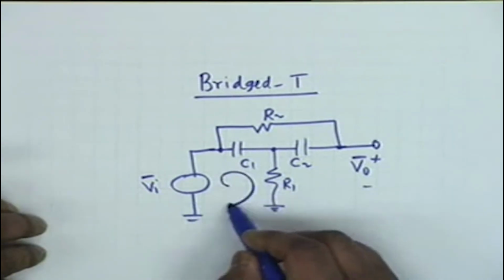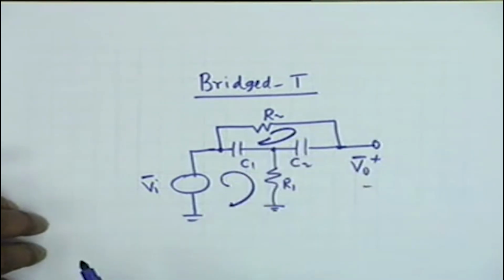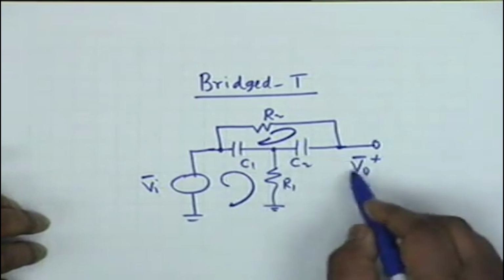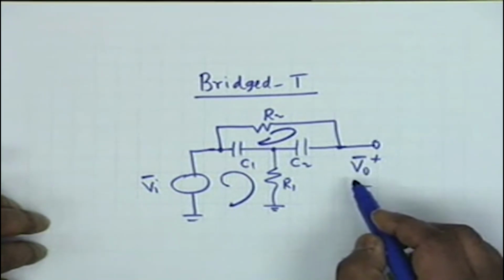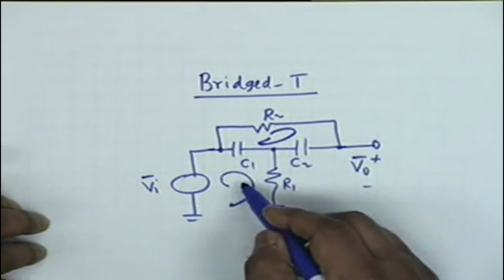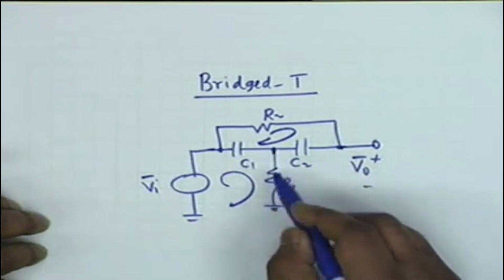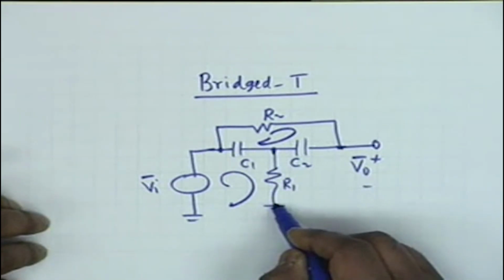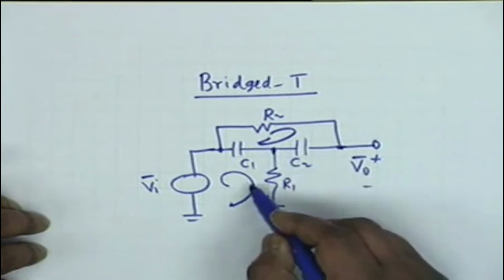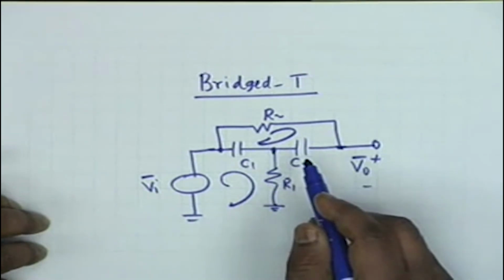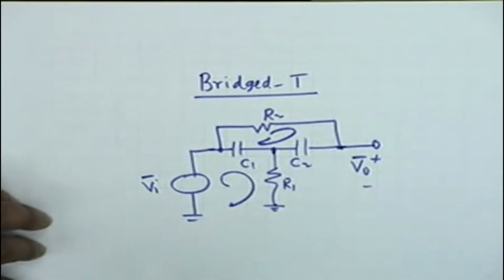But now there are only 2 loops, one is this and the other is this. This is not a loop, isn't that right? If I know both these currents, then of course I shall know the voltage. This voltage would be the drop across C2 plus the drop across R1. This current is I2 and this current is I1.